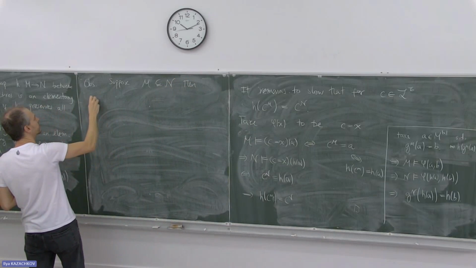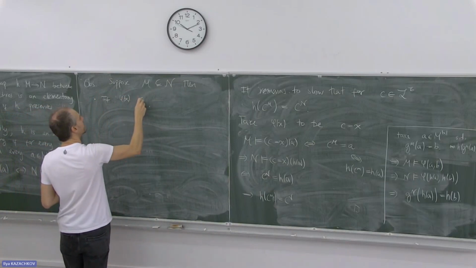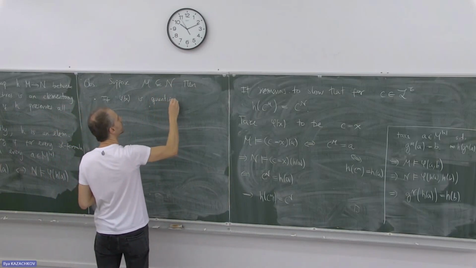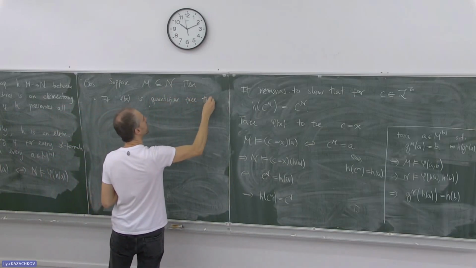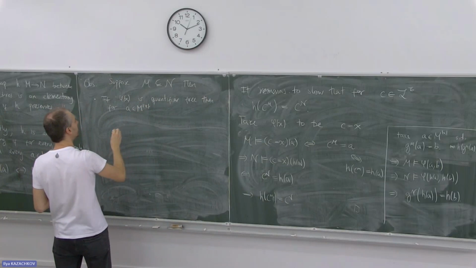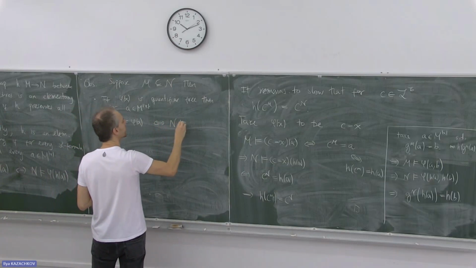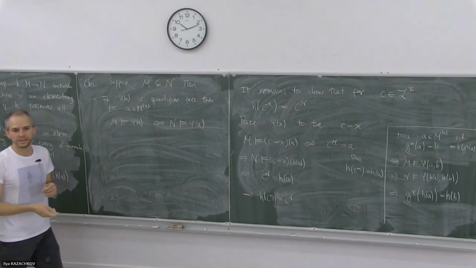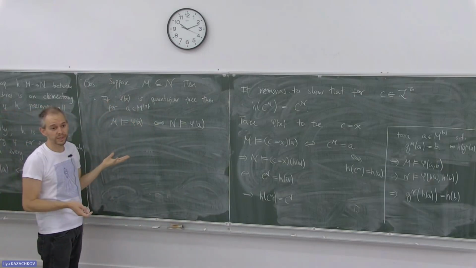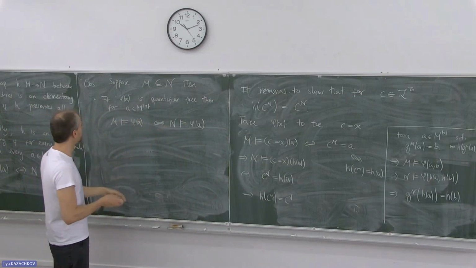Then we have that, first of all, if phi of x is quantifier free, then for a tuple a in M to the x, we have that M satisfies phi of a if and only if N satisfies phi of a. This is just what we just proved, but in the case our map h is just the inclusion, the identity, because if it is quantifier free, we just showed that this was an if and only if, right?